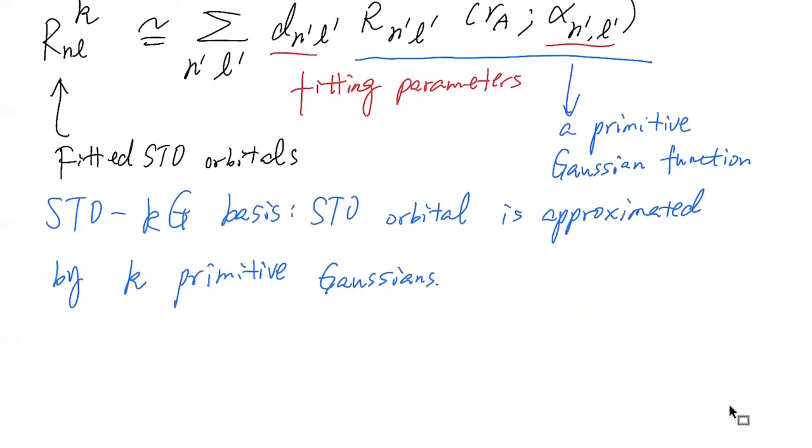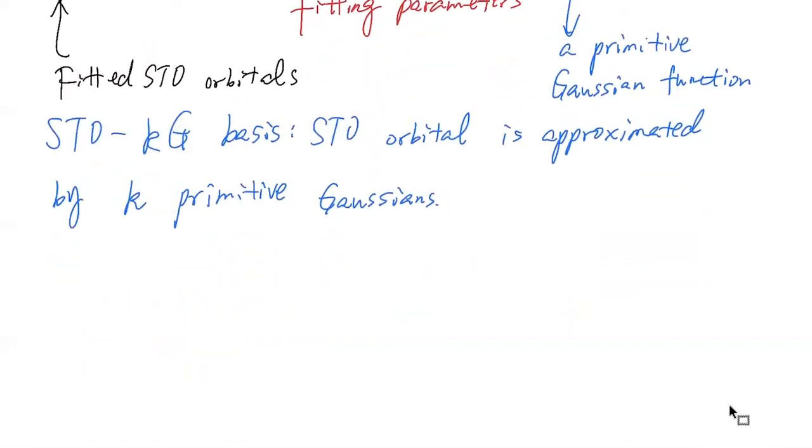All right. So actually this is proposed by John Pople, 1969, the Pople basis set. Okay, it's a very famous set of basis sets, and even nowadays people are frequently using Pople's basis sets. But of course, people are not using STO-KG basis set because it's not a particularly high quality basis set. Pople has developed a series of basis sets that are widely used in molecular quantum mechanical calculations.